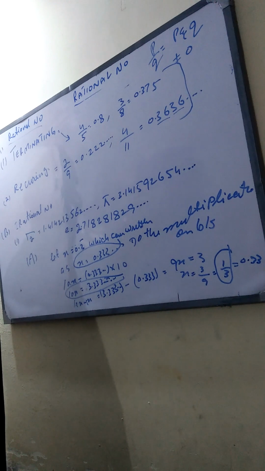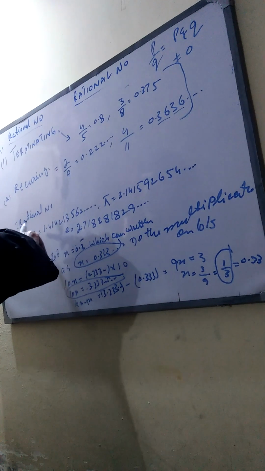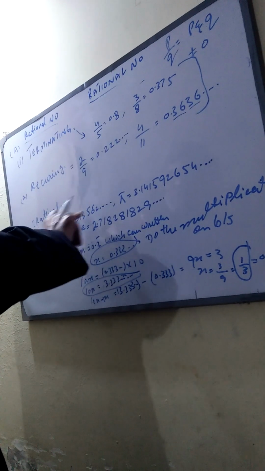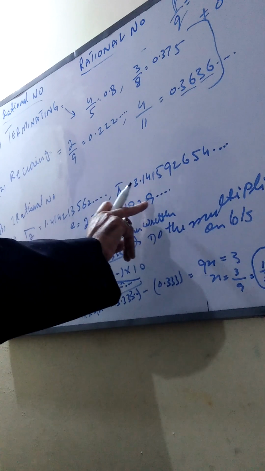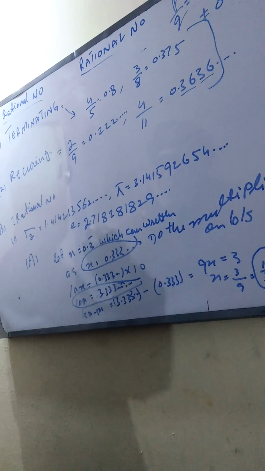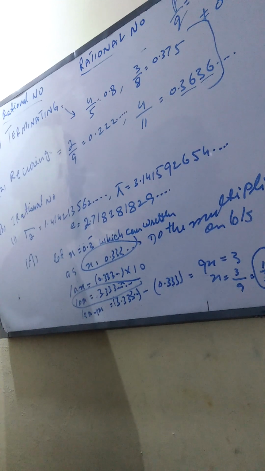If they cannot be written in the form of P upon Q, then those values are called irrational numbers. Like this, under root 2, the values cannot repeat. Pi, the values cannot repeat. The value of E also cannot repeat and cannot be completely divisible. So these values are called irrational numbers.